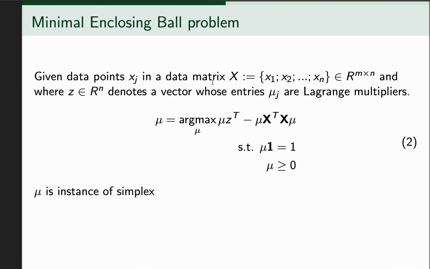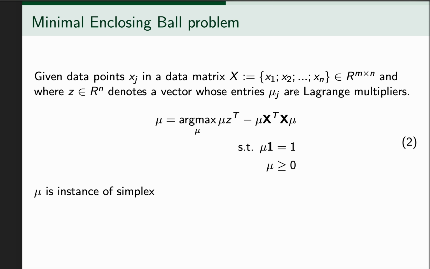The minimal enclosing ball problem is in this slide. We are given data points in the data matrix S. We have n data points, where each data point is an n-dimensional vector and is associated with the Lagrange multipliers μ.